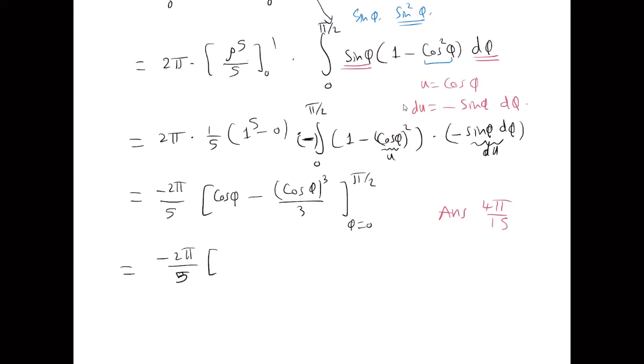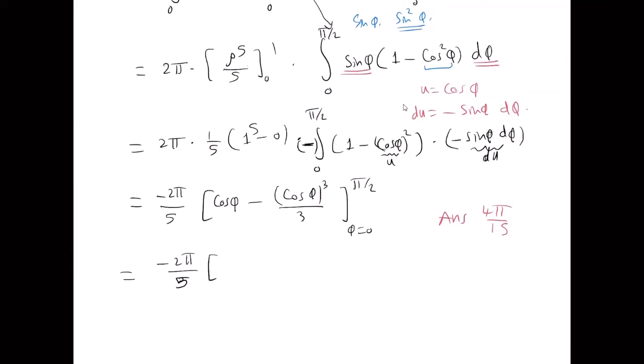You need to work these examples yourself, be familiar with this sort of transformation and complete your integral techniques. Here, cosine pi over 2 is 0, so we get 0. Minus, cosine 0 is 1, minus 1 over 3.